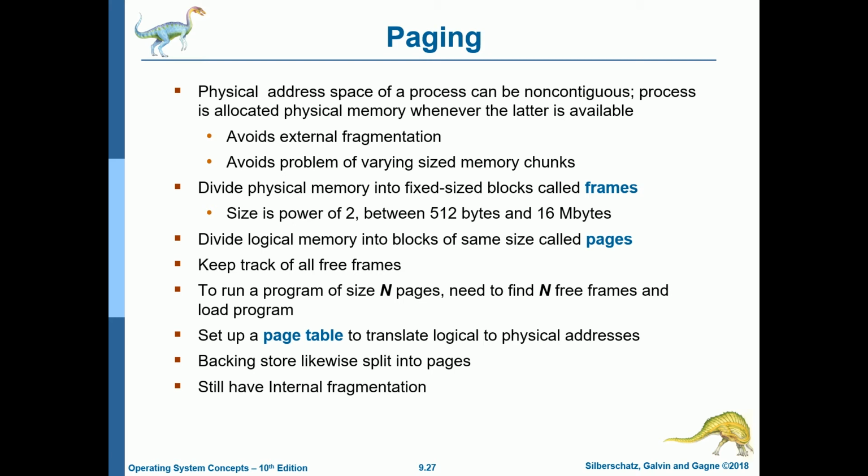The backing store is divided into fixed-size blocks that are the same size as the memory frames or clusters of multiple frames. This rather simple idea has great functionality and wide ramifications. For example, the logical address space is now totally separate from the physical address space, so a process can have a logical 64-bit address space even though the system has less than 2 to the power of 64 bytes of physical memory.